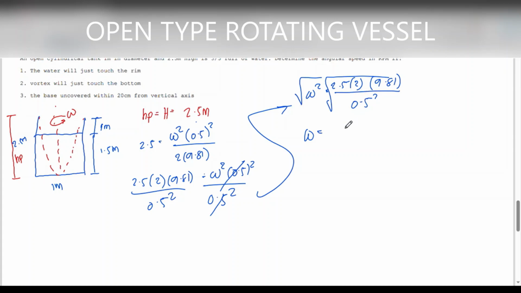So that is equal to 14 radian per second, and we have to multiply it by 30 over pi for us to determine the value in RPM. So that will be equal to 133.758 RPM.